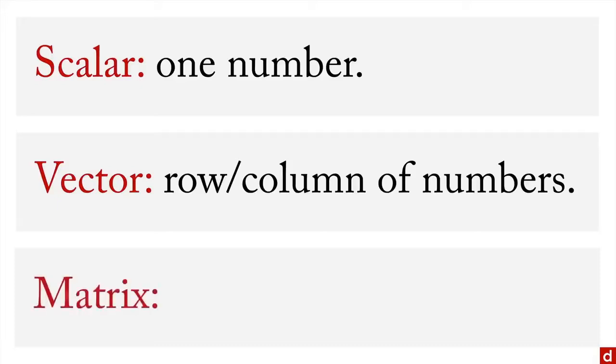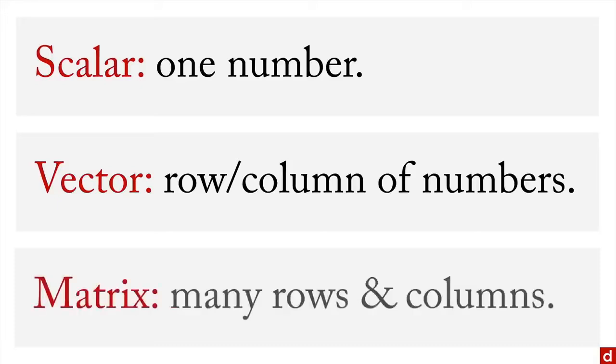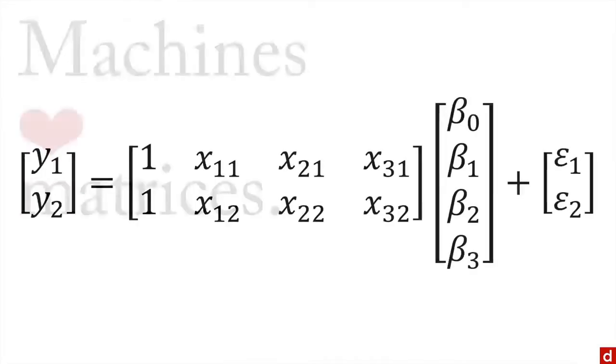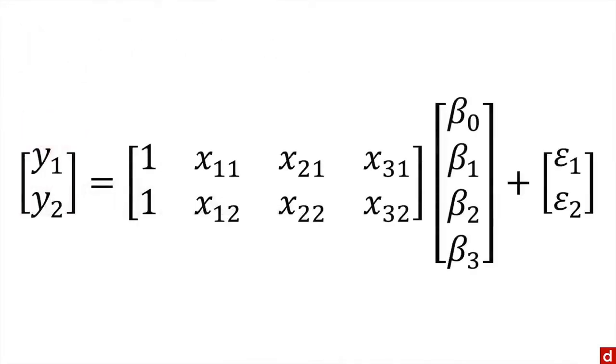And then finally, a matrix consists of many rows and columns, sort of a big rectangle of numbers. The plural of that, by the way, is matrices. And the thing to remember is that machines love matrices. Now, let's take a look at a very simple example of this. Here is a very basic representation of matrix algebra or linear algebra, where we're showing data on 2 people on 4 variables.